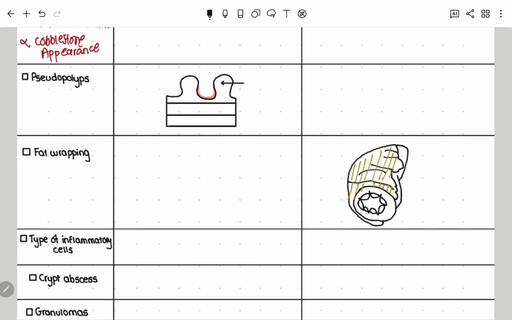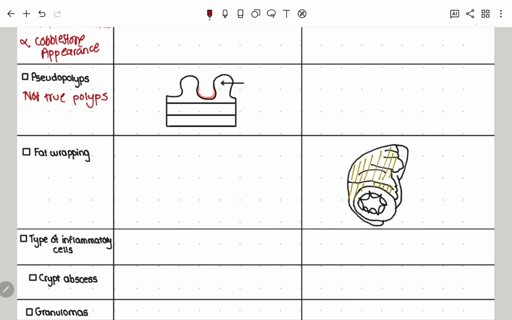The next defining feature that helps us differentiate between these two diseases is the presence or the absence of pseudopolyps. As the term implies, a pseudopolyp means that these are not true polyps.